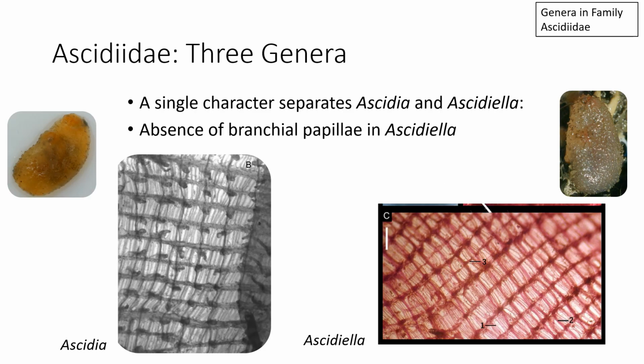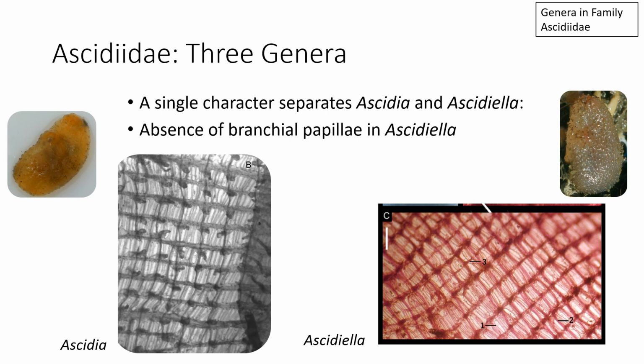How to separate Ascidia and Ascidiella, because they both have a single opening of the neural duct. You look again at the branchial sac, and you're looking specifically where the longitudinal vessels, which are these structures that go from the anterior to the posterior of the animal, so the vertical lines, where they intersect with the transverse vessels, which are the horizontal lines that move from dorsal to ventral on the animal.